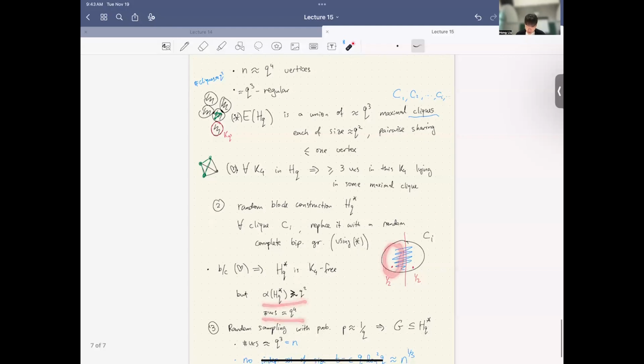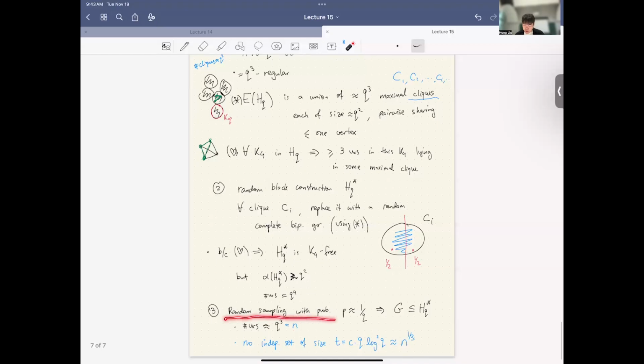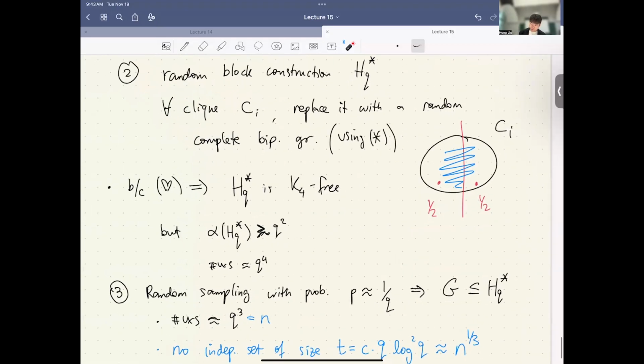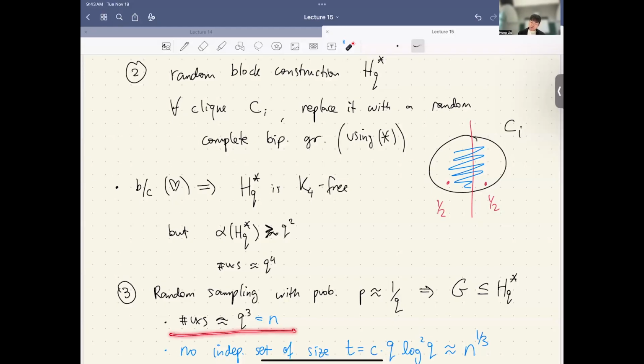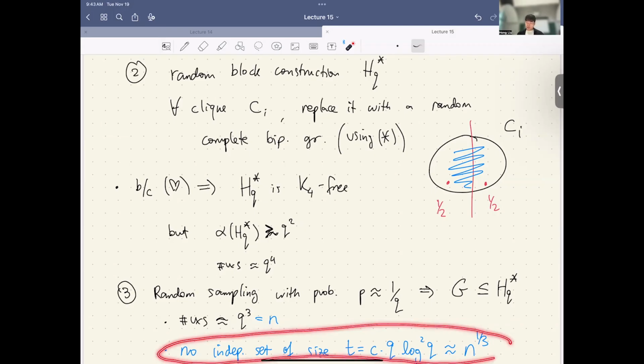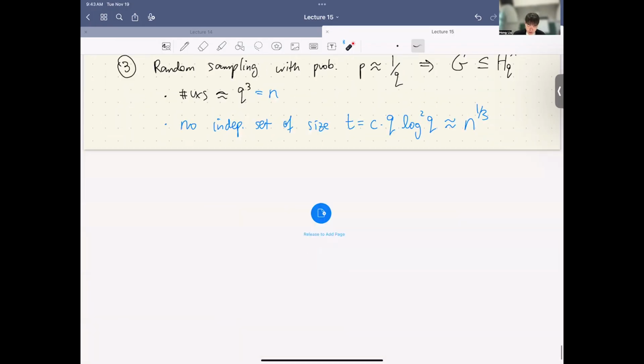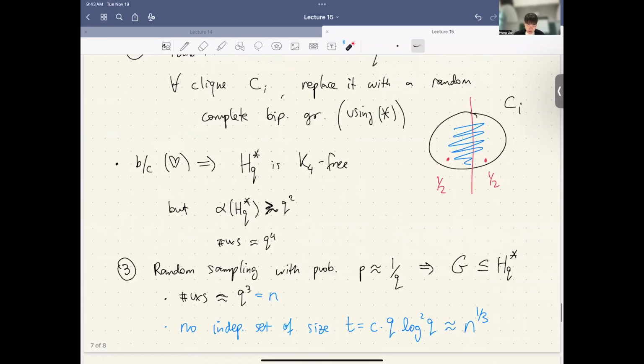This is root n. We're going to do a random sampling with probability p, roughly 1/Q, to drop the vertices down to Q cube. And we will prove that there's no independent set of size roughly Q, which is n to the 1/3. So how do we achieve the last part? Here we need the local randomness.